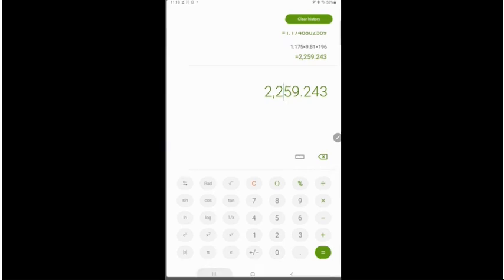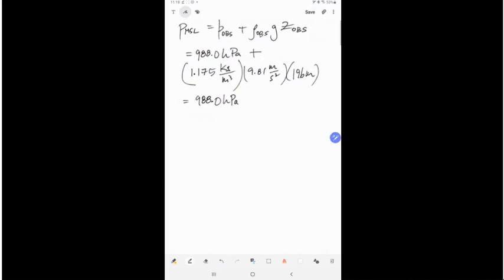The only difference is the so-called new and improved value for density, which we determined was 1.175. So 1.175 times the acceleration due to gravity, 9.81, times the altitude at which the weather station exists, which is 196 meters, and if we do all of this, we get a number that is 2259.